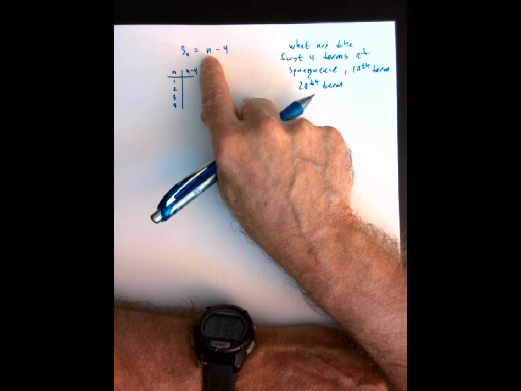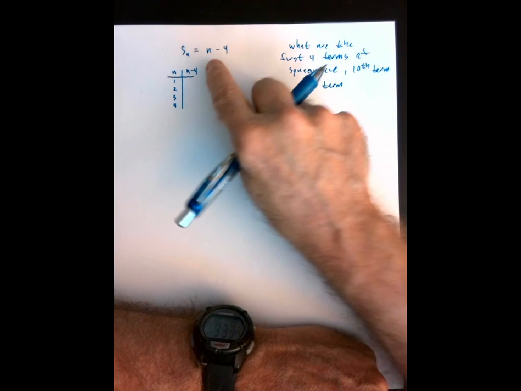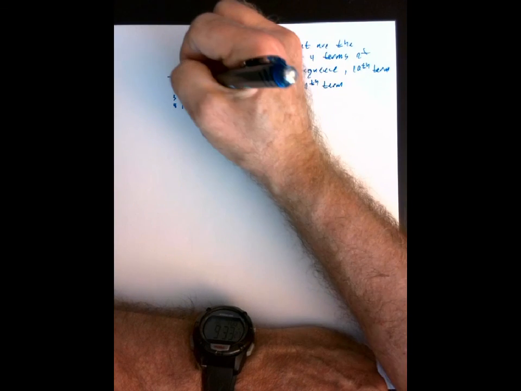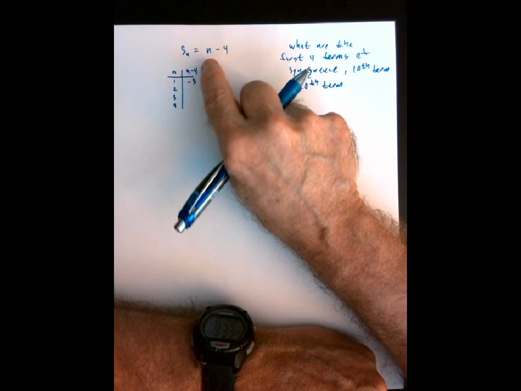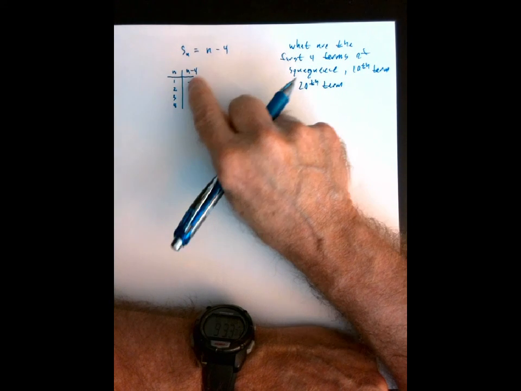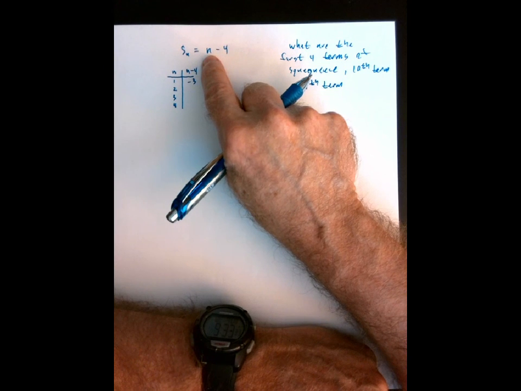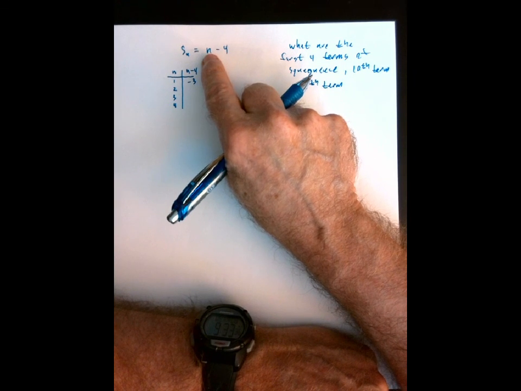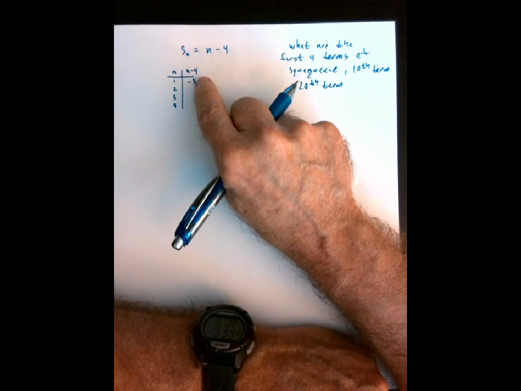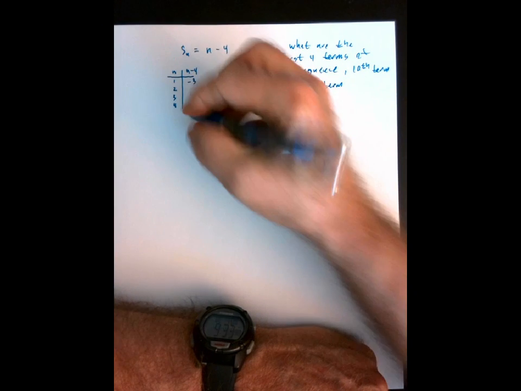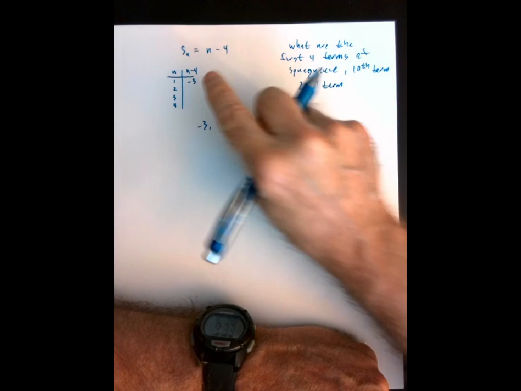So if we put 1 in for n, 1 minus 4 is negative 3. So the first term in the sequence would be negative 3. We put 2 in.